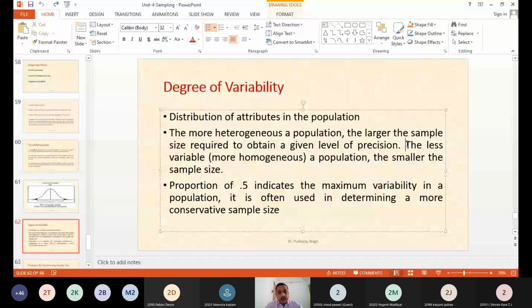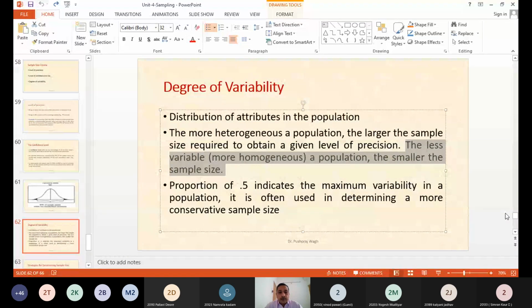And if the variability in the characteristics of the subjects in the population is less, that is, more homogeneous, then we can take a smaller sample size. The more the heterogeneity, the more sample size we need for accurate results. If there is less variability or more homogeneity, we can take a smaller sample size for accurate results.